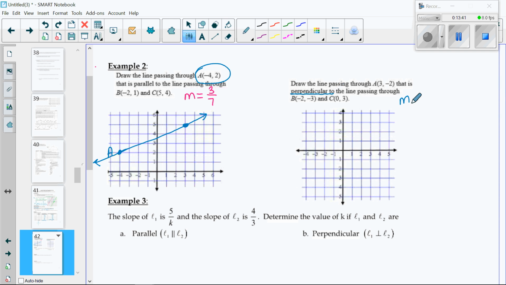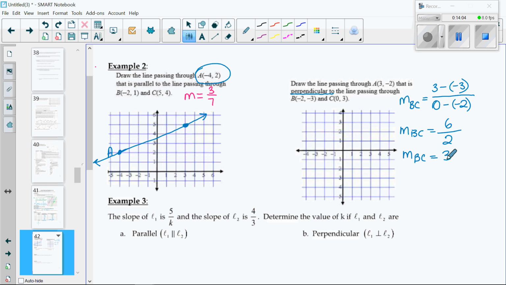So M, slope of BC, is equal to 3, take away -3, over 0, take away -2. So that's going to give me 6 over 2. And my slope is 3.